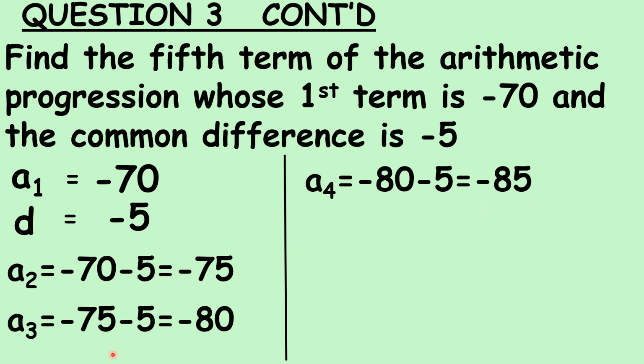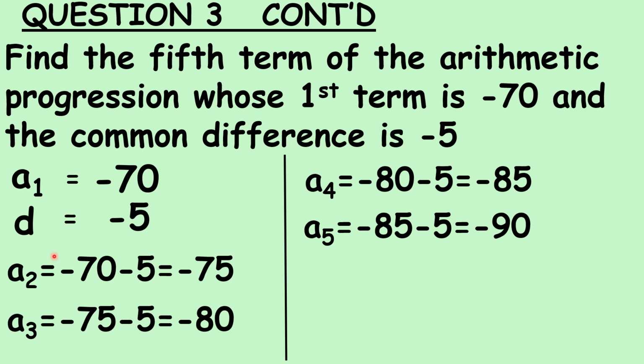And then the fifth term, which is A5, we'll obtain it by adding that common difference, that is, we're subtracting 5. And then we have A5, the fifth term, equals minus 90. So you see that that also corresponds with what we had before using the arithmetic progression formula.